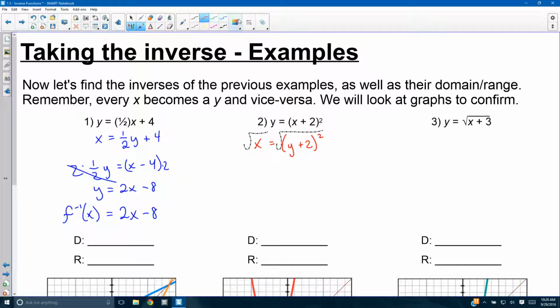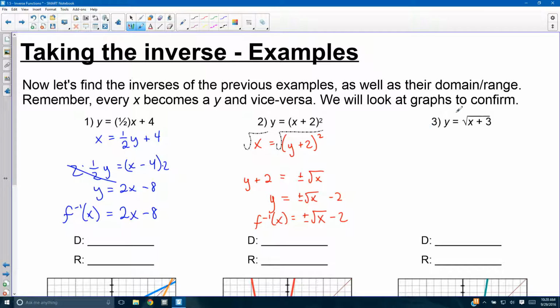Now we get y plus 2 equals, be careful here, plus or minus the square root of x. Subtract 2 from both sides, you'll get y equals plus or minus the square root of x minus 2. Now this minus 2 doesn't get affected by this plus or minus. That only has to do with the square root of x right there. So to better write it, the inverse function here is plus or minus the square root of x minus 2, like so.